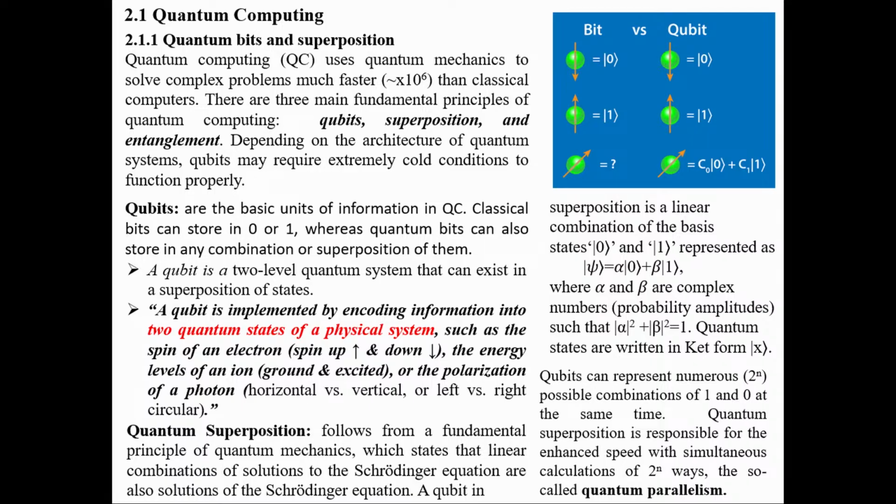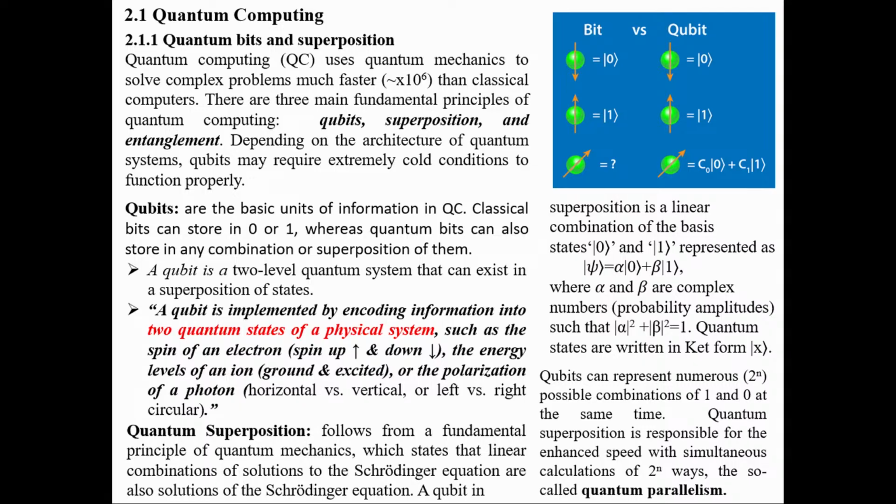Actually, how it came about: suppose Q0 and Q1 are the solutions of the Schrodinger equation. What does it mean? We call this a 0 cat, and this a 1 cat, and the state is alpha into 0 cat plus beta into 1 cat.